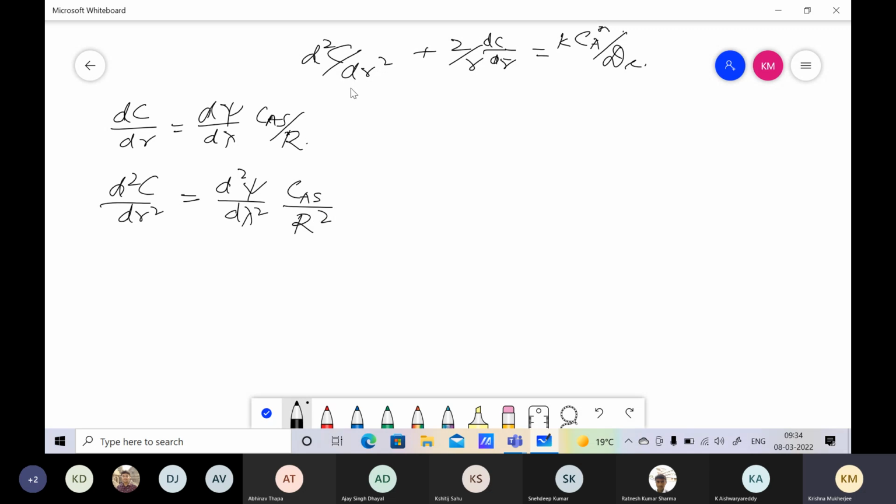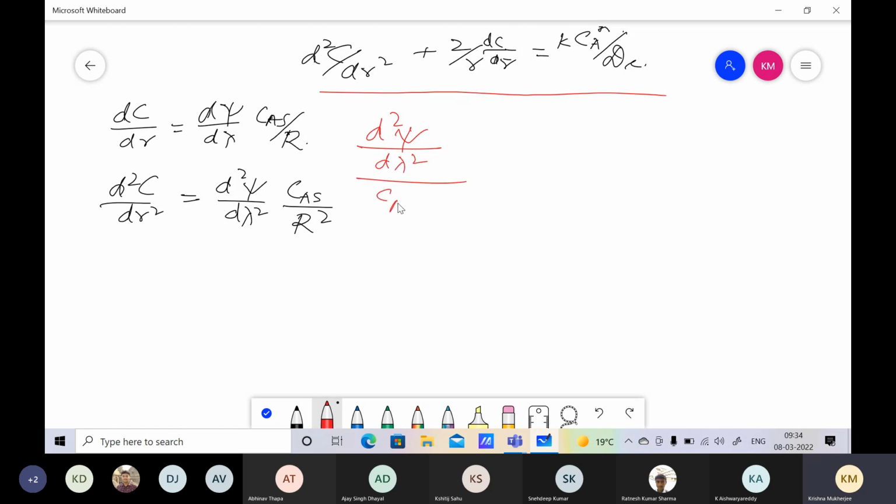So then I write this expression here as d2 phi. Sorry, I write this as d2. I will not spend too much time now. I will go fast because this is the problem with online teaching.